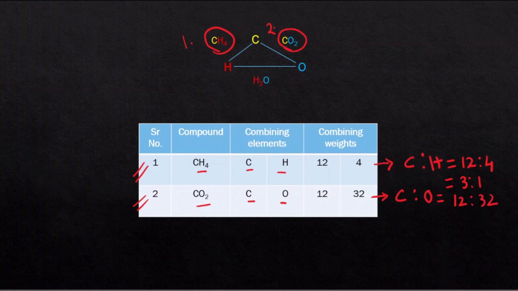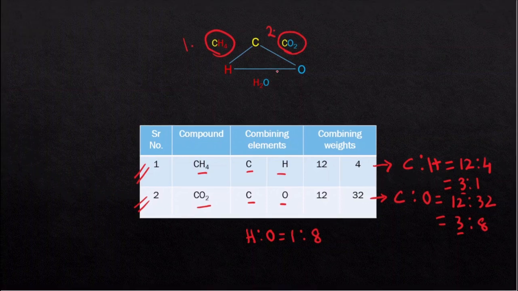Here is also a chance of reduction, and upon reduction it is 3:8. Now let's look at these two mass ratios. Here the mass of carbon is fixed in these two compounds. So the mass ratio of hydrogen and oxygen that can separately combine with a fixed mass of carbon is going to be 1:8 from this calculation.